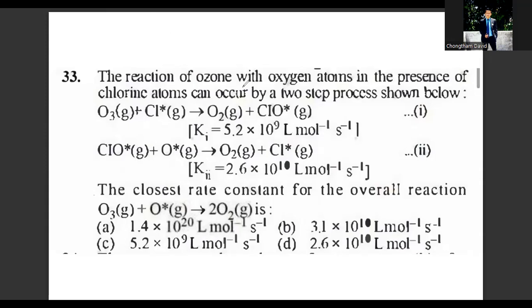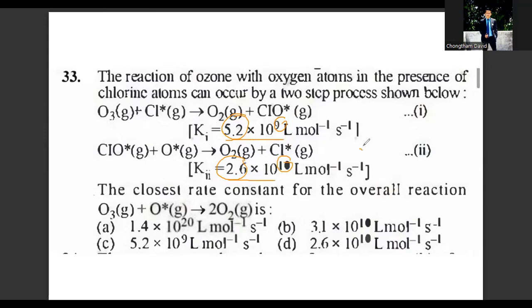So what you have to do here is add the overall rate constant. What is the given value here? 5.2 and 2.6. These are the two.